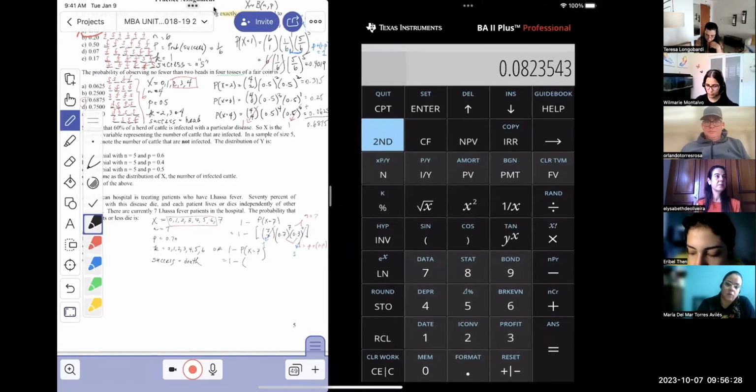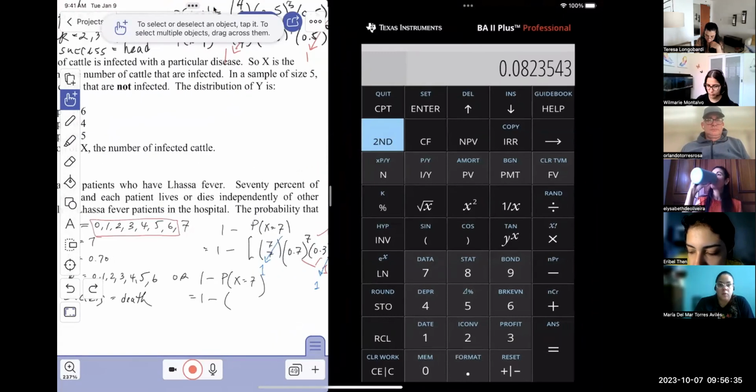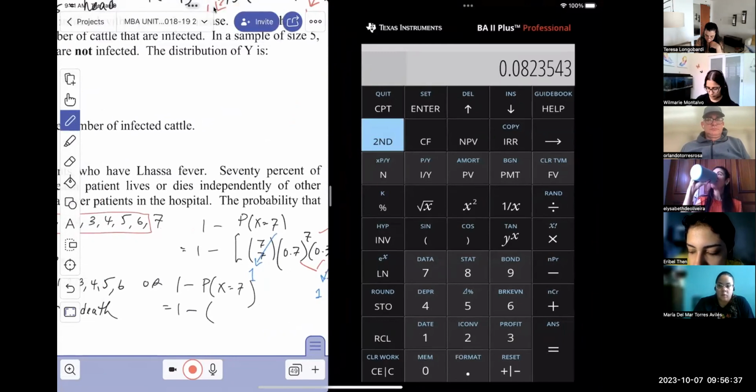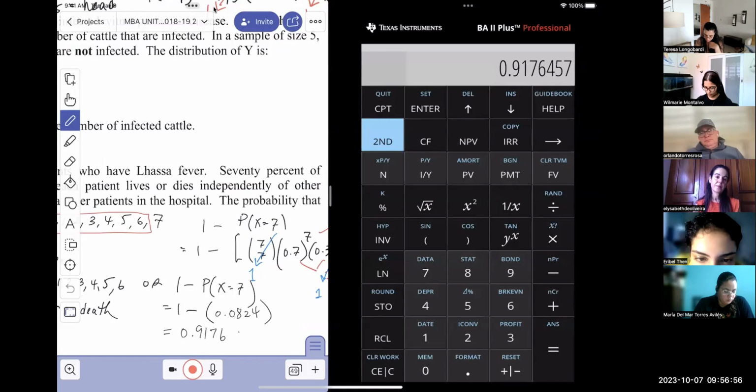You see how you think you're done with 8%, but you're not done yet. Because you have to subtract it from 1. So I take 4 decimals, and then I subtract, and I get 0.9176, or 92%.